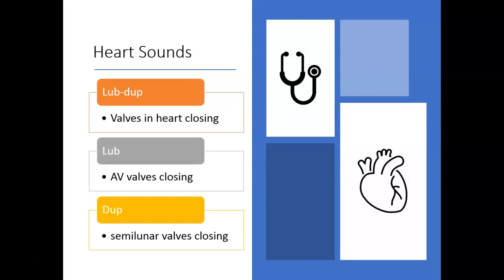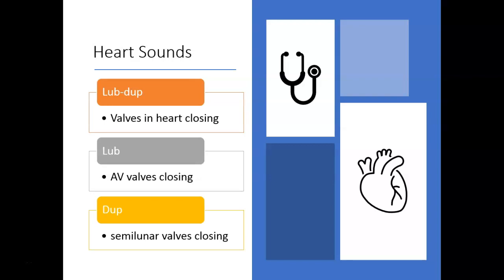The AV valves are held closed so the blood can't regurgitate or backflow into the atria. The blood has to push against the semilunar valves, your aortic valve and your pulmonary valve, and then move into the aorta and the pulmonary trunk. Now, once the ventricles begin their emptying, the pressure in the ventricles decreases, but the pressure in the aorta and the pulmonary trunk has increased.